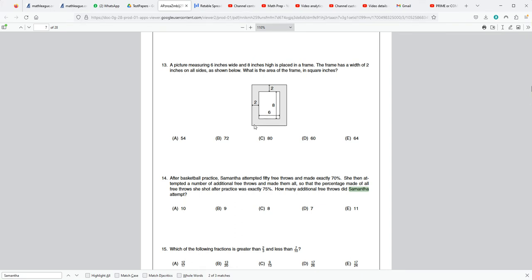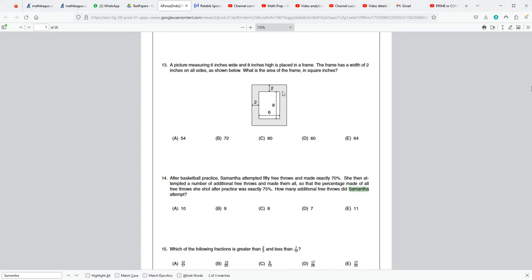So 120 minus 48 is 72. Okay, good. You will get a lot of questions like this where you have a bigger shape and then a smaller shape inside it, and you are asked to calculate the area in between.